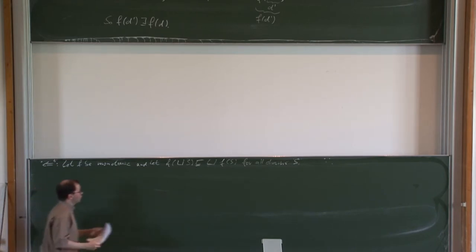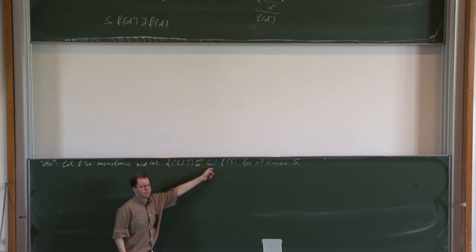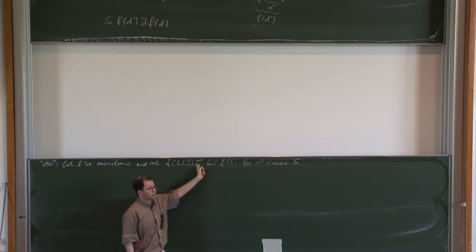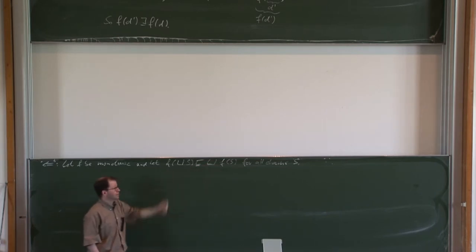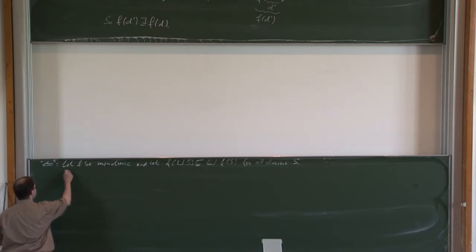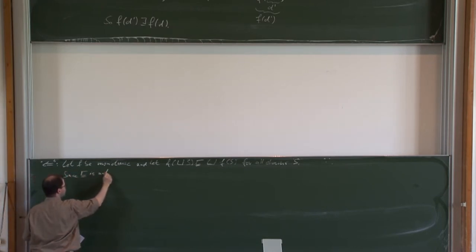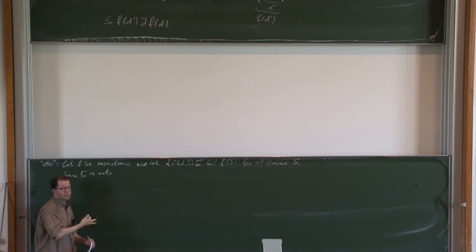Now we need to show that these two things are equal. And by antisymmetry, it's sufficient to show that this also holds in the other direction, so that this is less defined or equal than that. Since this relation is antisymmetric, antisymmetric means if it holds in both directions, then the two elements must be equal.